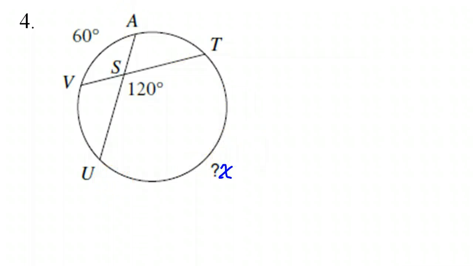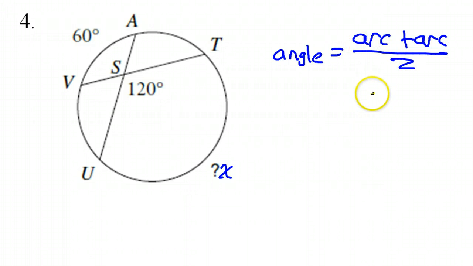A lot of times students will just want to automatically put the unknown right here by itself and then go from there. But no, people, that's not what the formula says. The formula says angle equals arc plus arc divided by 2.